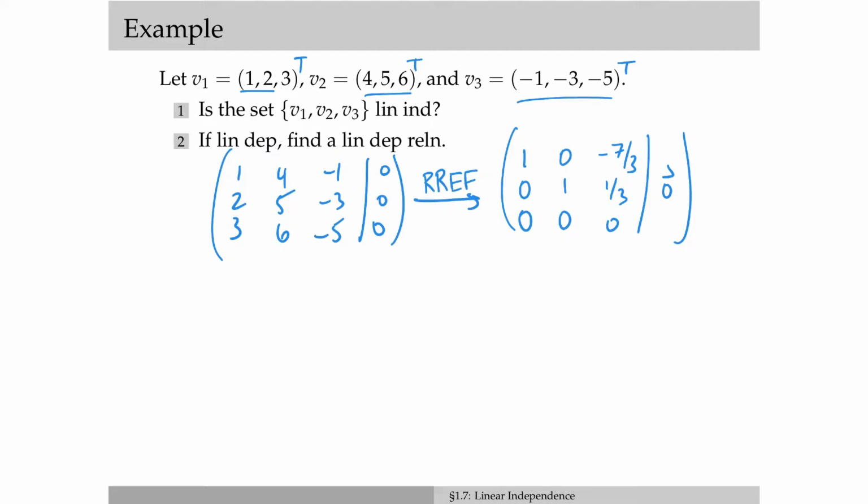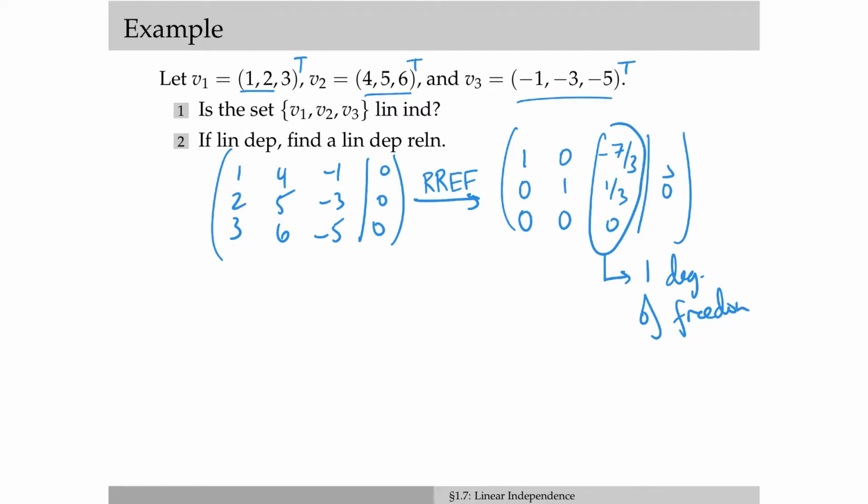Now, in this matrix, we can see that we have no pivot in that column. What does that mean? That means we have 1 degree of freedom.